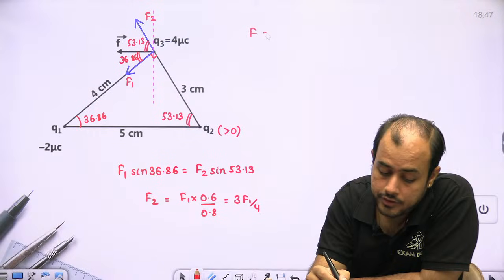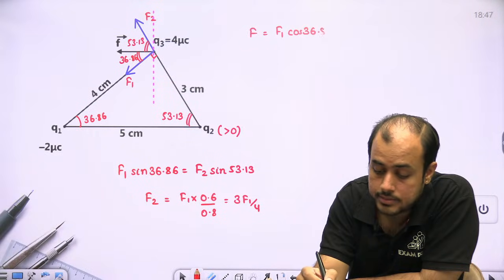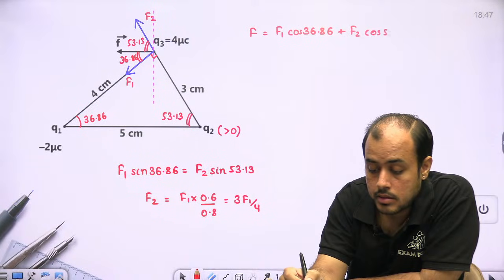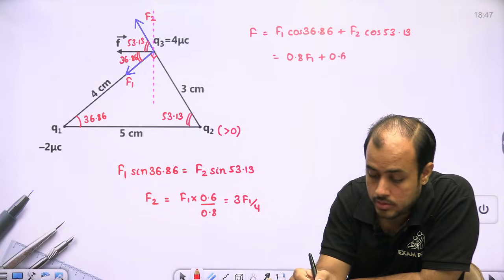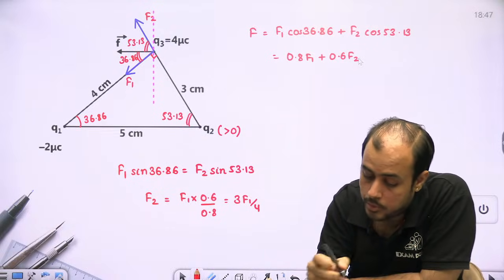So now F will be the sum of the horizontal components, 0.8 F1 plus 0.6 F2.